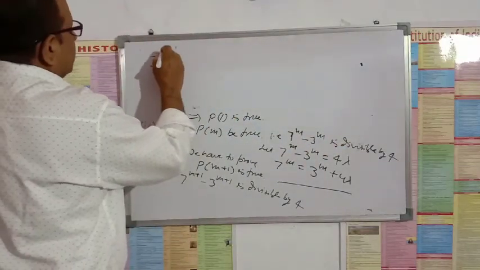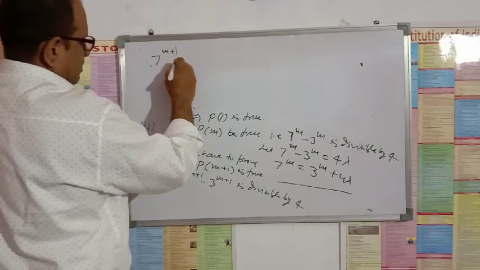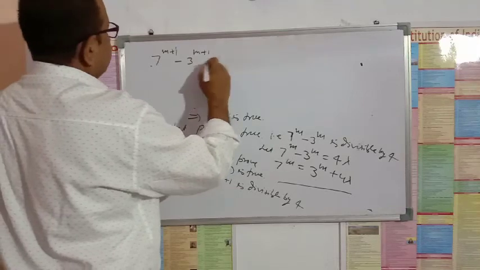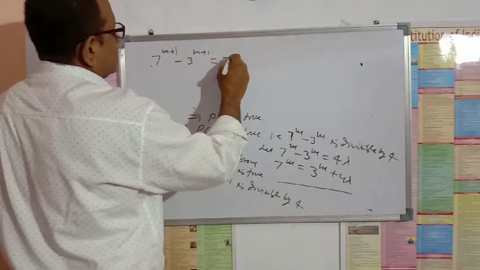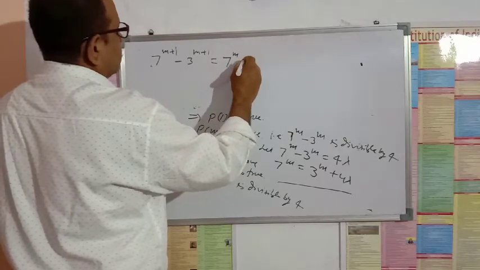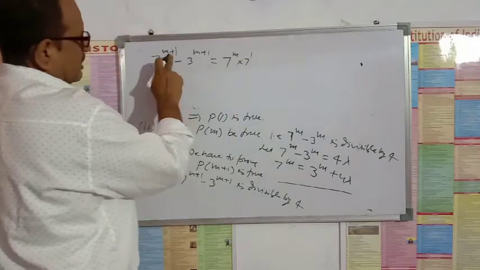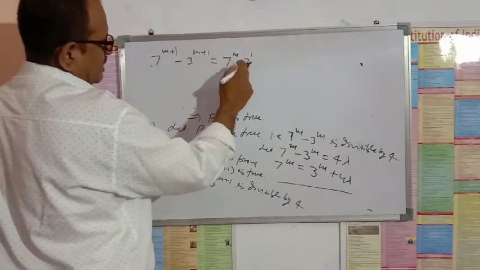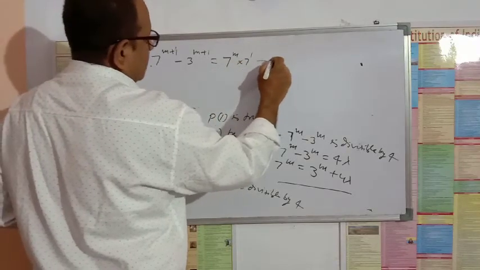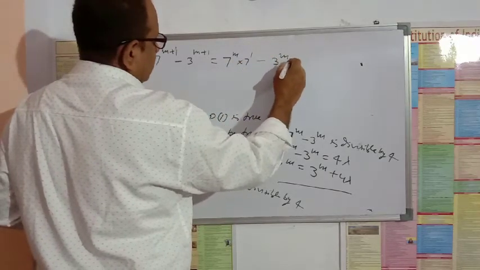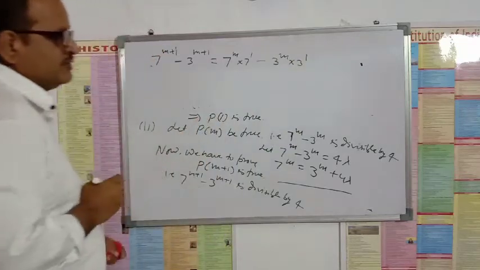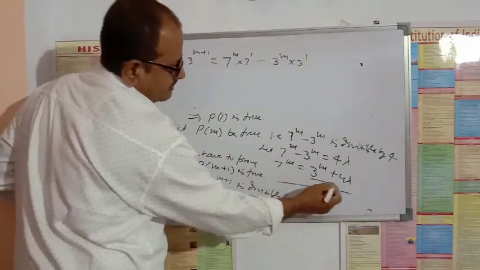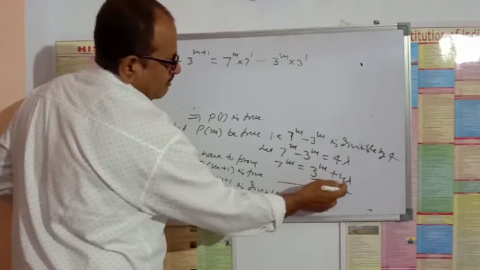So 7 to the power m plus 1 minus 3 to the power m plus 1 can be written as 7 to the power m into 7 to the power 1, minus 3 to the power m into 3 to the power 1. And the value of 7 to the power m is 3 to the power m plus 4 lambda.